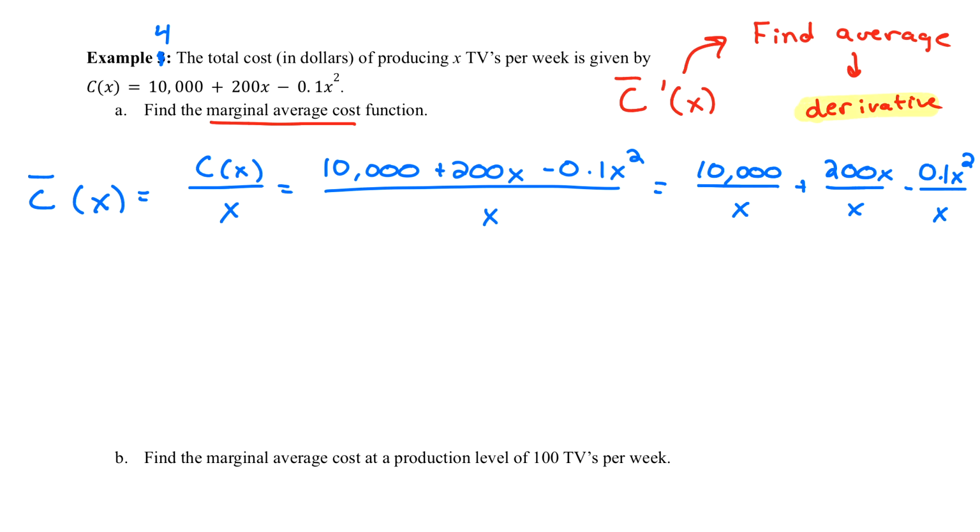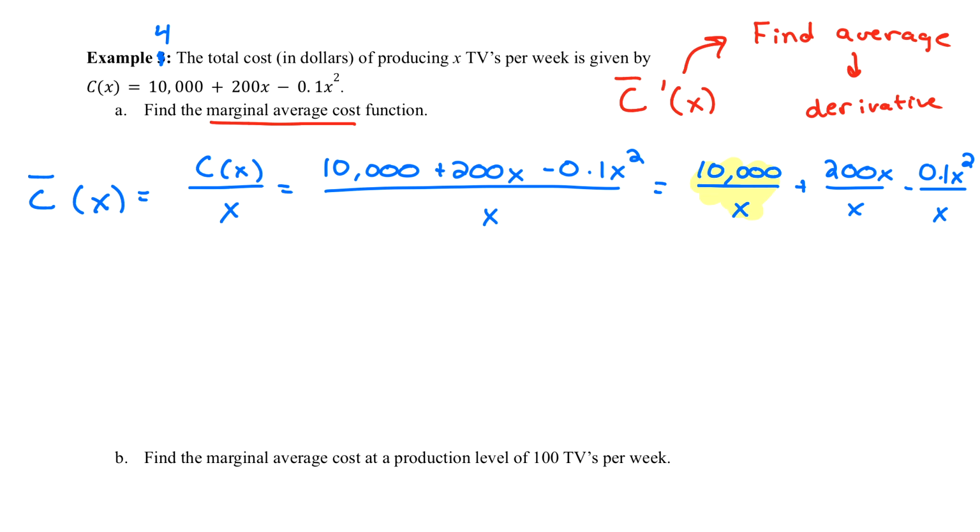Again, I'm thinking ahead to my next step, which is going to be to take the derivative. So I want to simplify each one of these 3 terms and write them in a way that makes it easier for me to take the derivative. If we start with our first term, 10,000 over X, I can't really take the derivative while X lives in the denominator, at least not with my power rule.